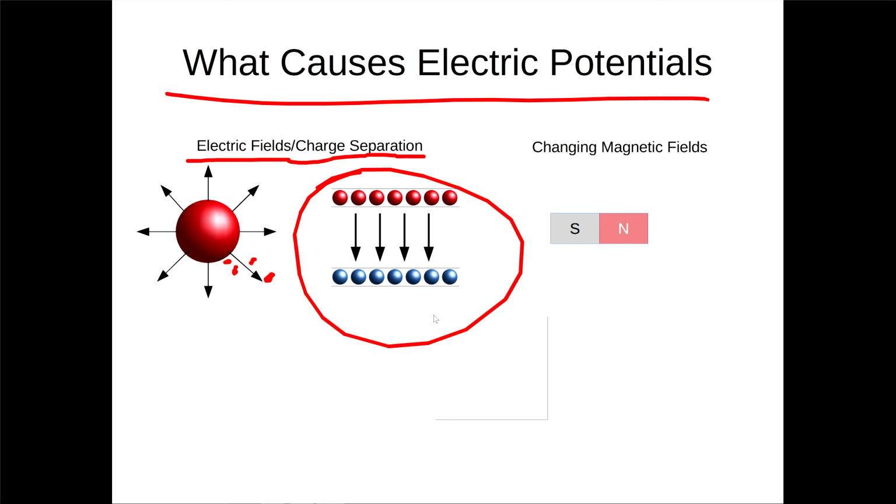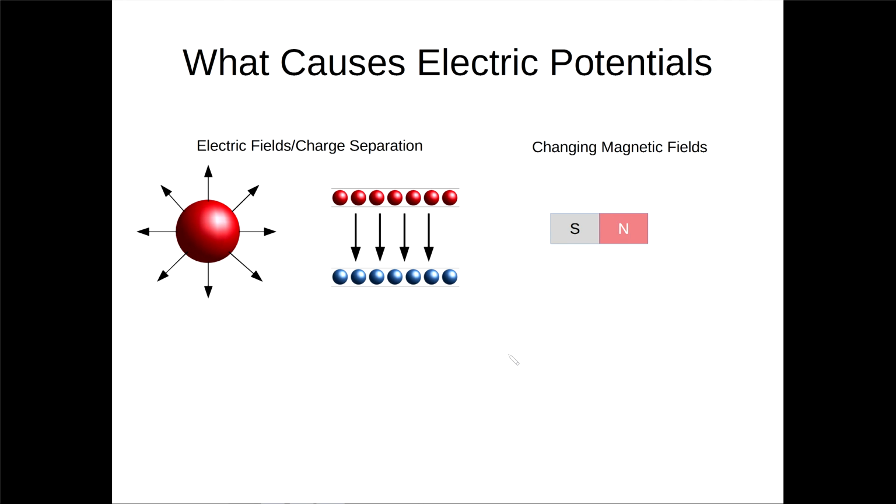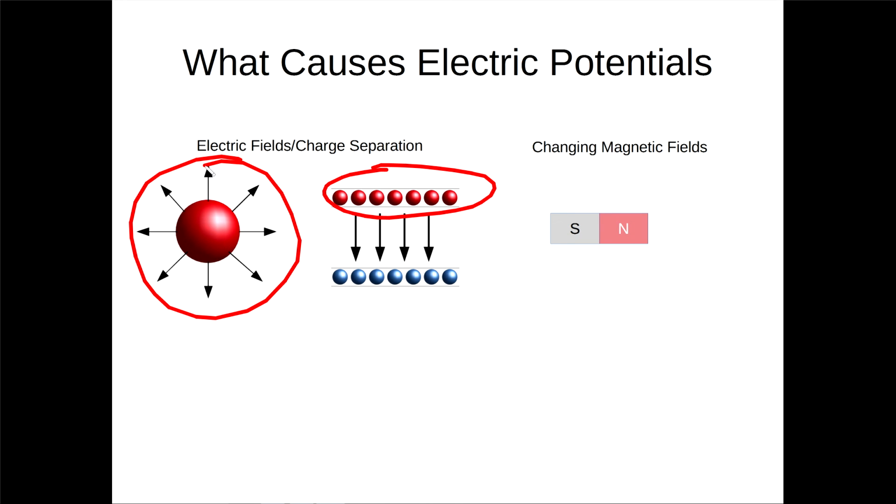Really, in this whole thing here, if we get rid of this, the top parts are just a bunch of positive charges, so it's just a bunch of electric fields adding together, and the bottom part is just a bunch of negative charges where their electric fields add together. So it is still just a bunch of electric fields adding together. It is the same idea, but I thought I'd show this to you because charge separation is used a lot, particularly in batteries.